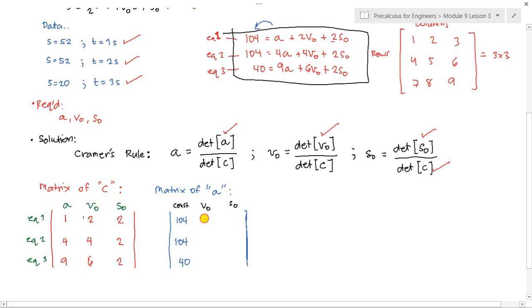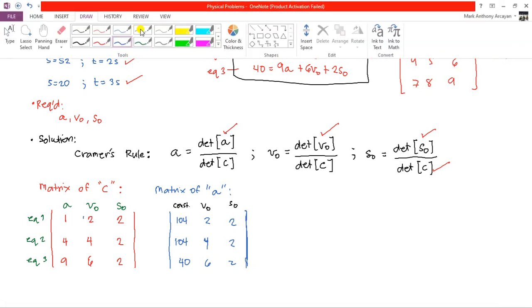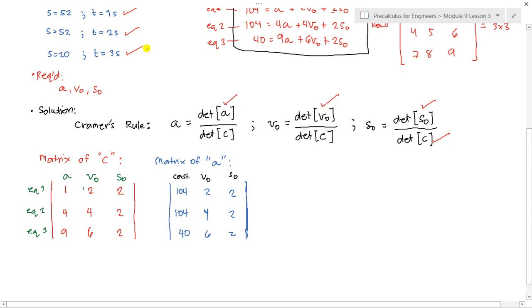So we have 2, 4 and 6, and then for the height, i-copy ra pod 2, 2 and 2. So nasunod ra. So I hope nasunod. So proceed ta ni matrix.